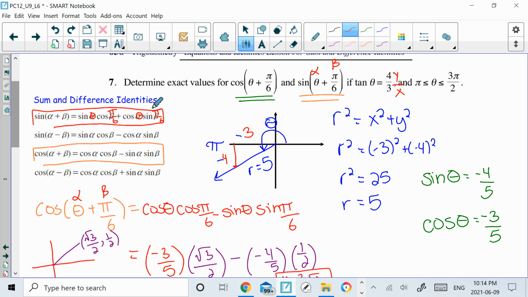So again, you have the sine of theta, which is -4/5, times the cos of pi over 6. The x-coordinate at pi over 6 is √3/2, plus the cos of theta, which is -3/5, times the sine of pi over 6. The y-coordinate is 1/2.